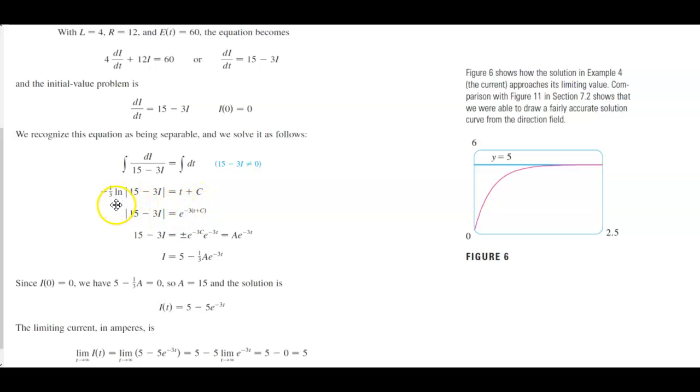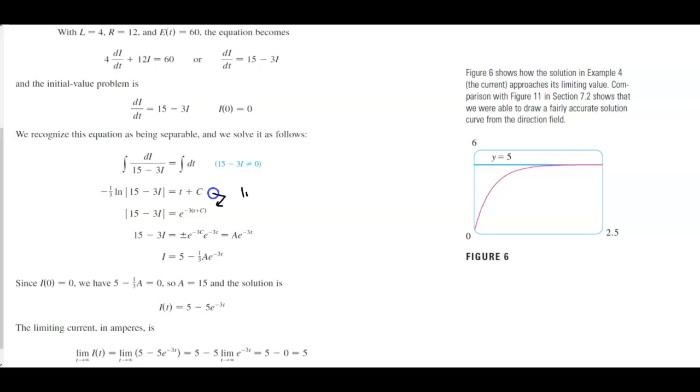Now we can rewrite this in terms of a logarithm. Before we do that, what they're doing here to get to this step is multiplying everything by negative 3.